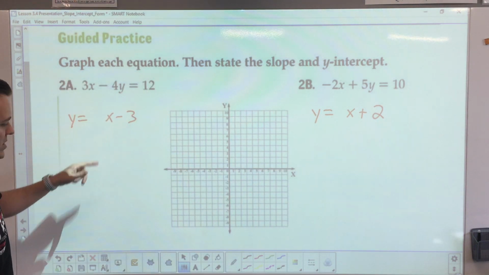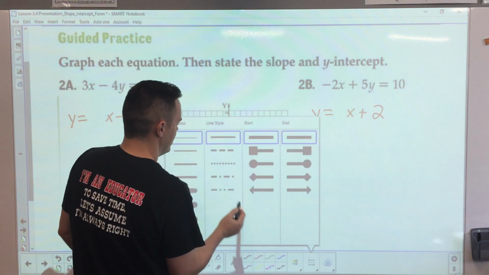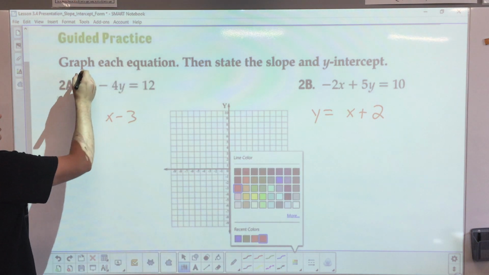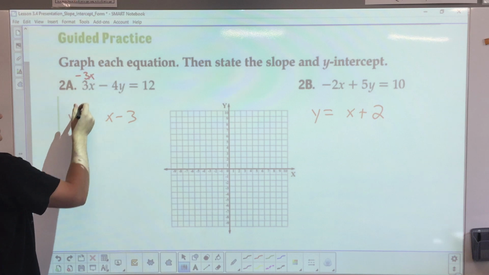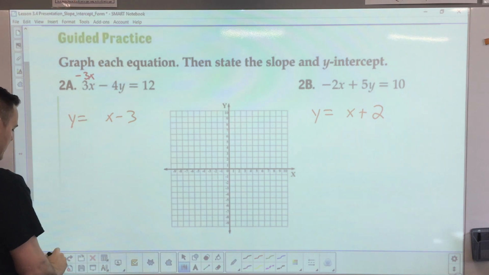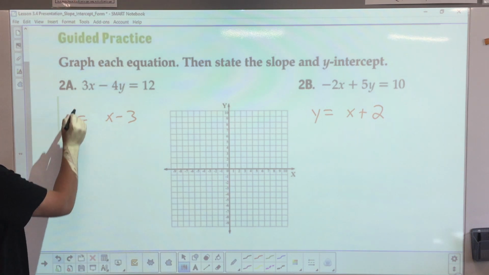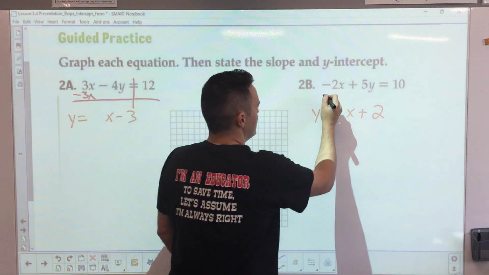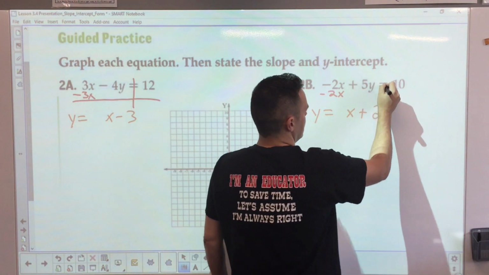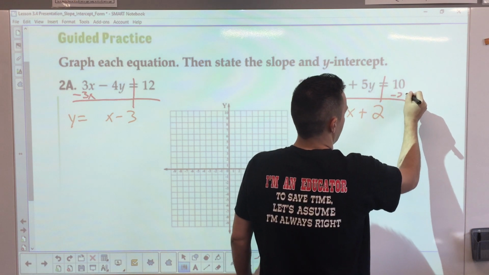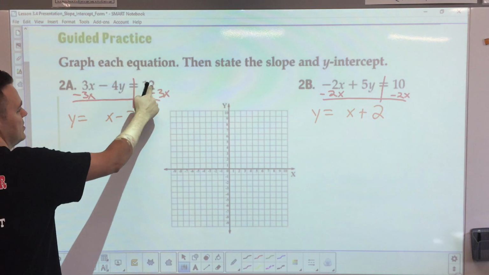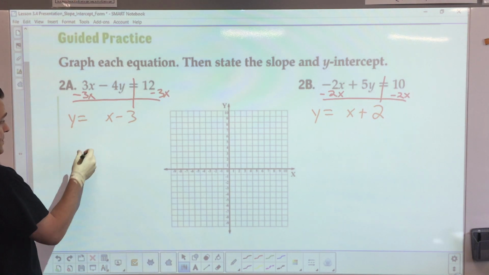Now I just got to find out what goes in front of the x, and in order to do that, I'm going to solve these equations real quick. So, negative 3x to this side, actually let me rewrite on the bottom, like we always have done. Negative 3x, and then this one here is a negative 2x, and this is negative 3x. Remember, you can't do anything with this, so I'm going to drop this down.